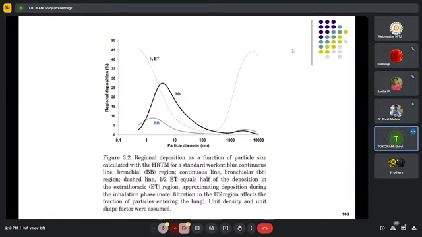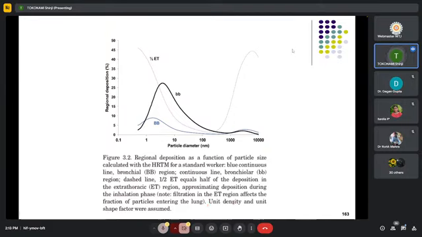Filtration in the ET region affects the fraction of particles entering the lung. This region can play a role in filtering radon progeny aerosols.